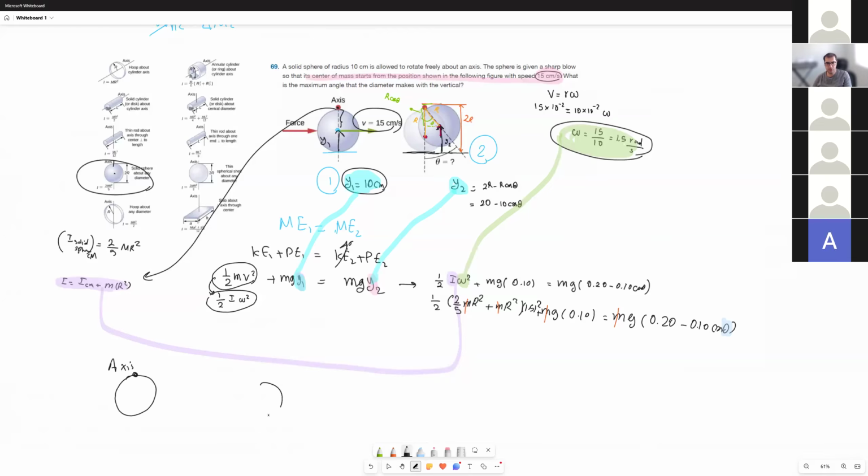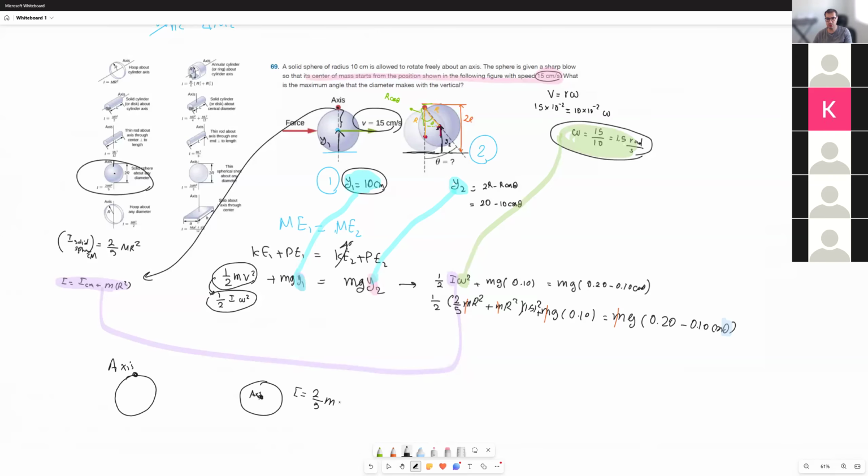From the table, we know that if the axis of rotation is perpendicular to the page, out of page, for example, and it passes through the center, the moment of inertia is going to be 2/5 mr squared, right? Now, every time you know the moment of inertia about an axis that passes through the center of mass of the system, here your sphere, if there is another axis that is parallel to it, these two are parallel.